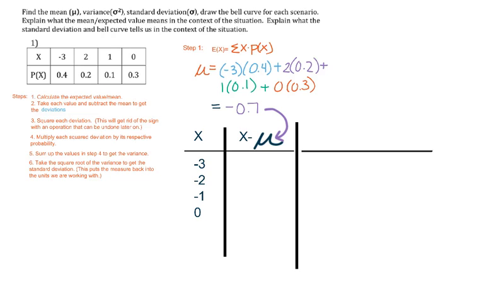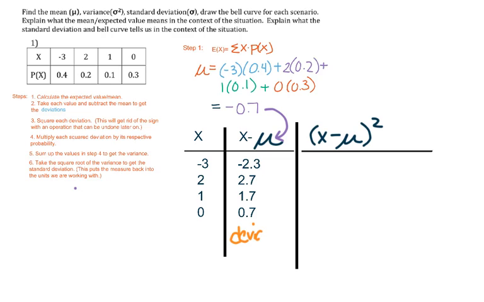Now taking a look, the next step is to take each of the x values and subtract that mean. So we're going to take negative 3 and subtract our mean, which was negative 0.7, and that's going to give us negative 2.3. We continue on and do this for each of the x values, and we get this list here. The next step is to find my deviations.